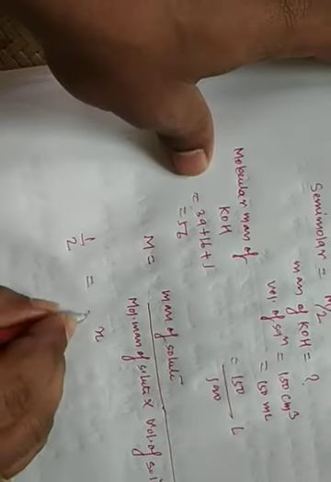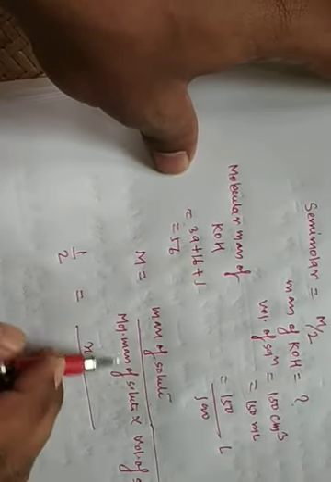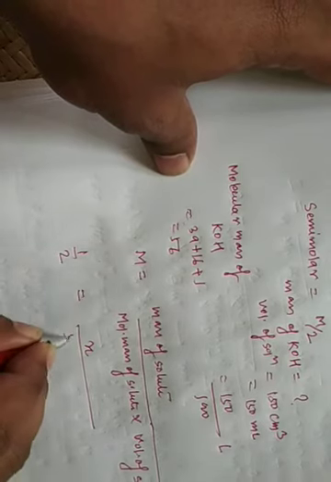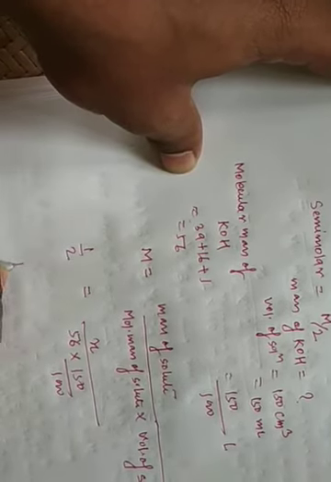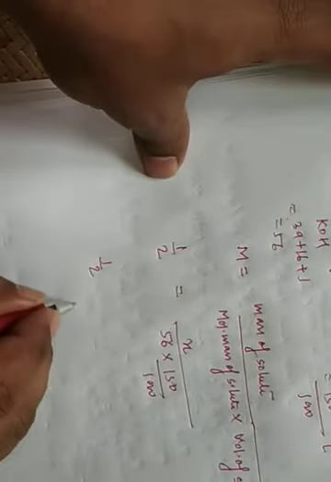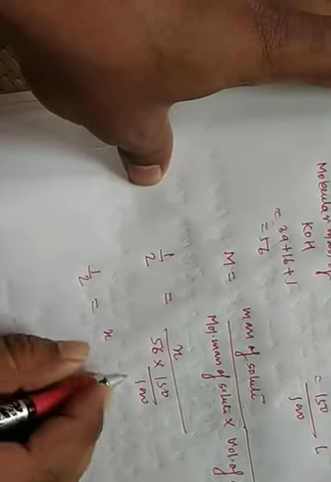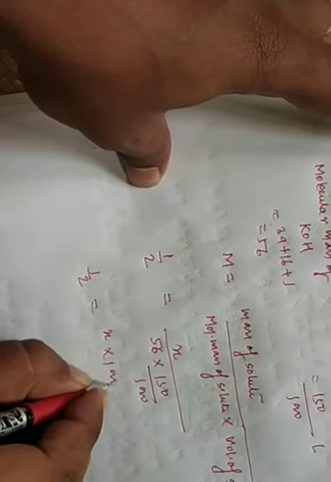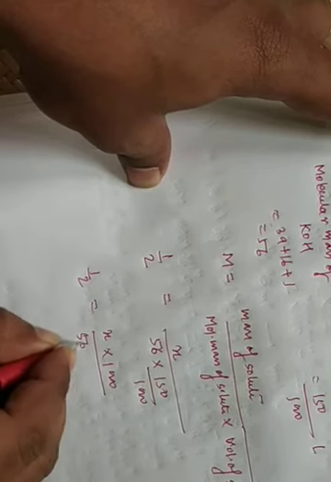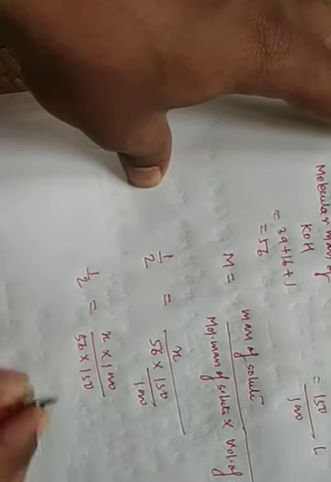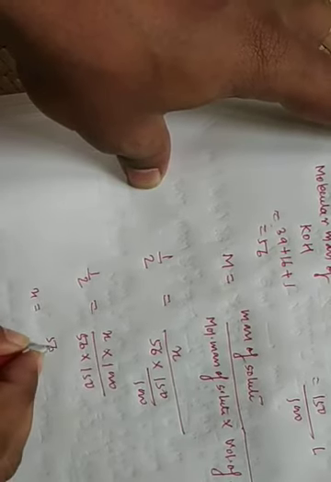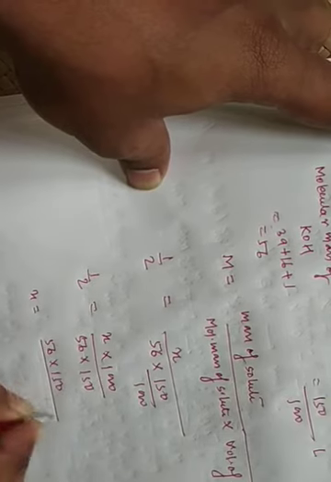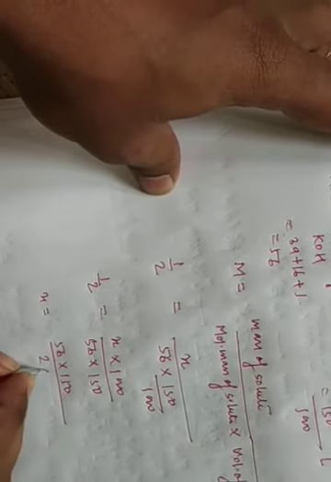And the molecular mass of solute means KOH, 56. And the volume of solution is 150 divided by 1000. So 1 by 2 is equal to X into 1000 divided by 56 into 150. So X is equal to 56 into 150 divided by 2 into 1000.